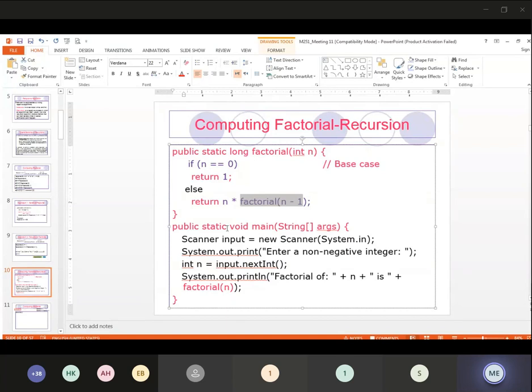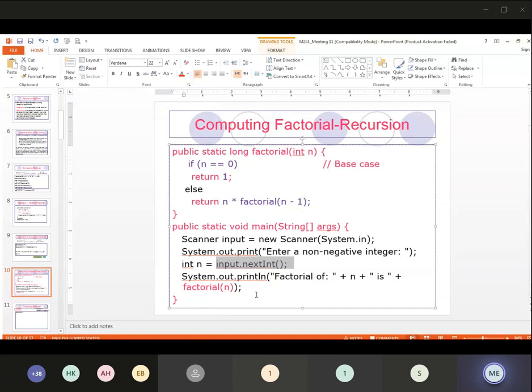So public static void main, I'm going to ask the user to input by using Scanner System.in, System.out.println, enter the non-negative number, and I'm going to read it by the Scanner stream. يا طلاب الأعزاء، لما غطينا مع بعض الستريم, how to open the stream, keep read, and finally you have to close the stream.